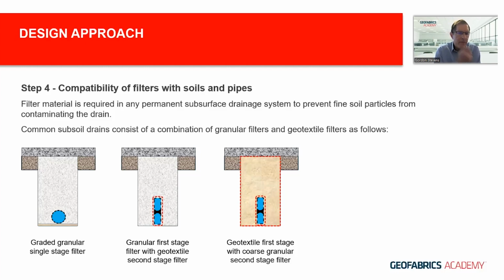So on the left, we have a graded single stage granular filter. The drain in the middle, we've got a two-stage system where we've got a granular first stage filter with a secondary second stage geotextile filter over here. And then this is another example of geotextile first stage with a coarse granular second stage filter.